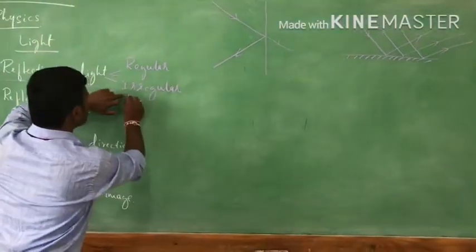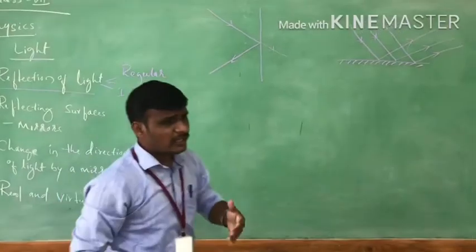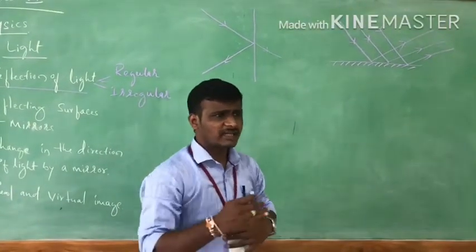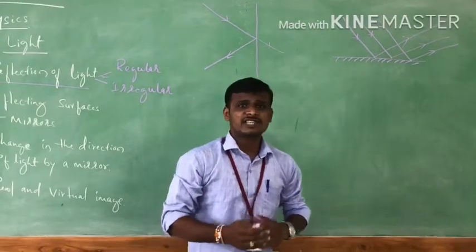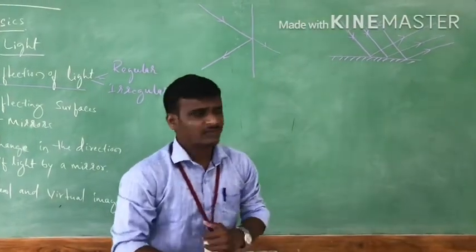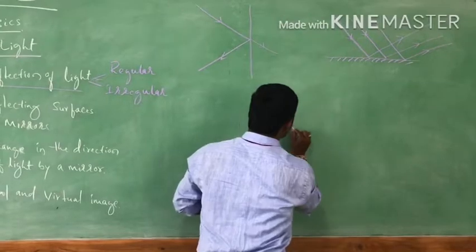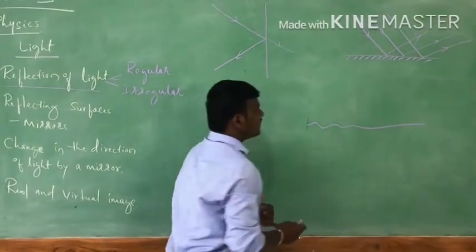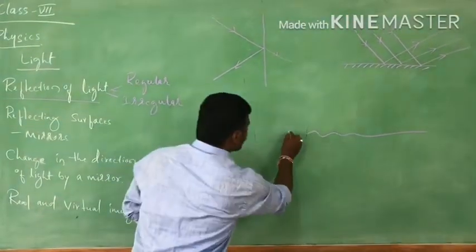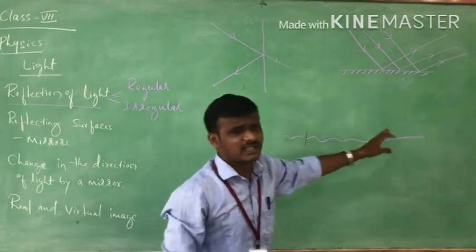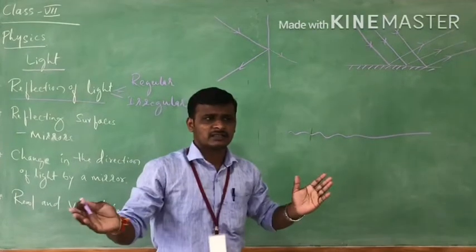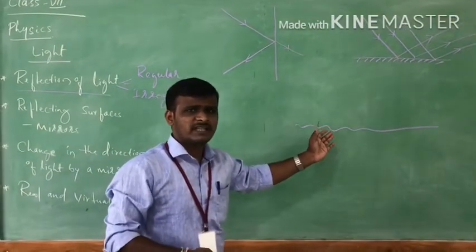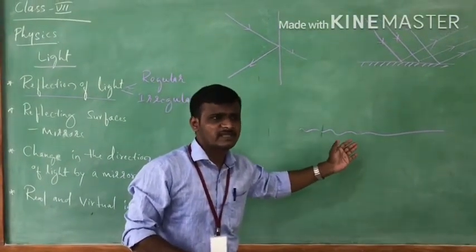The next thing is irregular reflection. In irregular reflection, what happens? When light rays fall on a rough or zigzag surface. Rough surface means what? This is the rough surface. When a light ray falls on this surface, the reflected ray may go anywhere. Regular reflection will not take place.